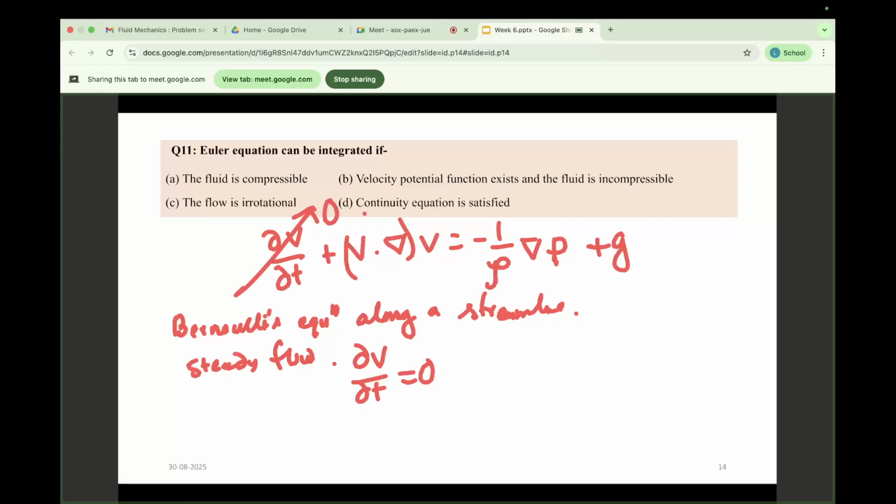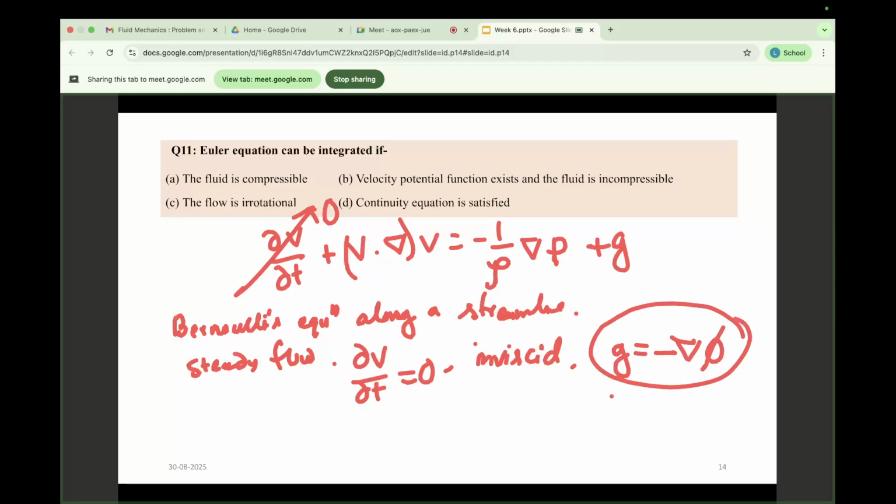Next is inviscid fluid, and another assumption I need to take is that this gravity term should be a conservative one. Conservative body force. So see, if I put this thing here in the above, what will I get?